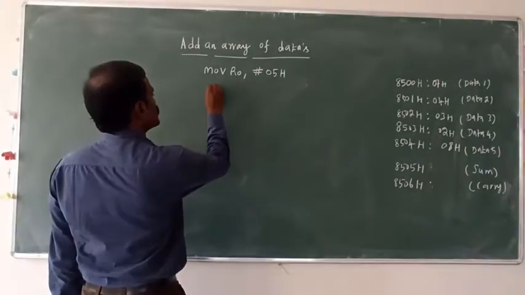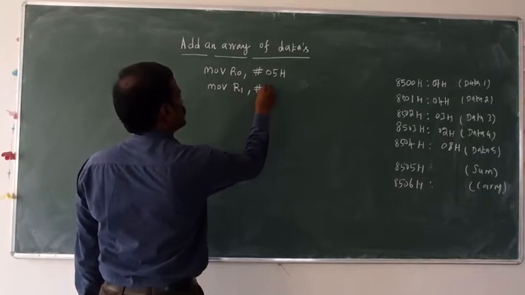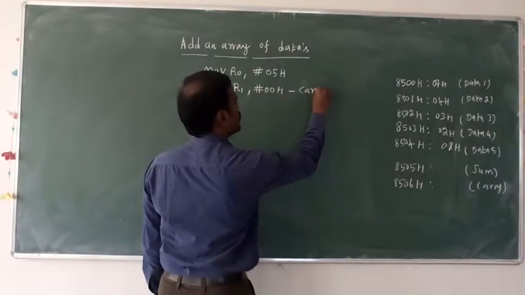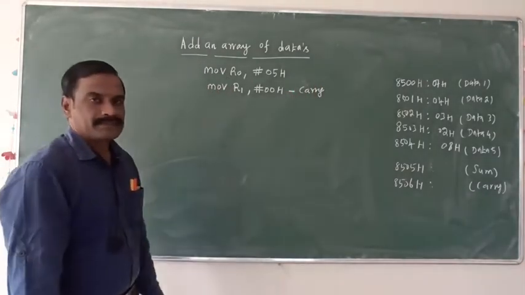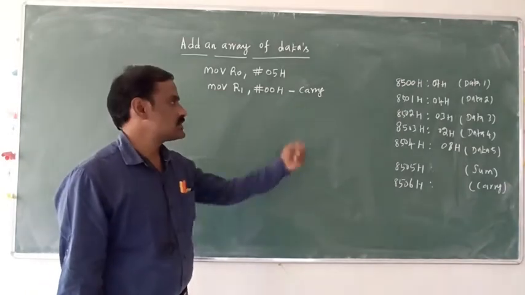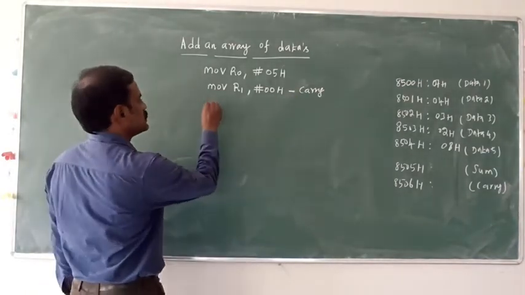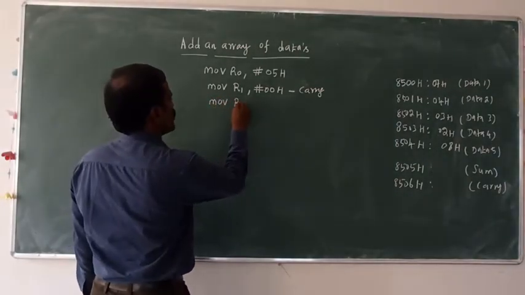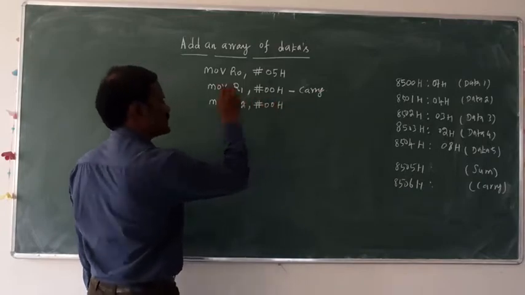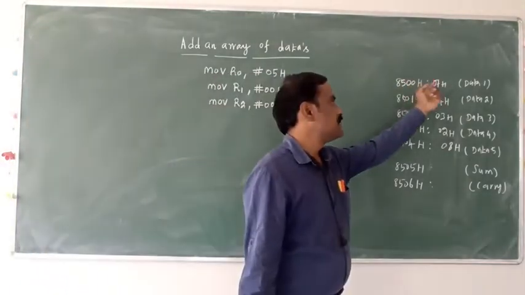Next, clear register R1 to 00H. This is for storing the carry. Next, clear R2 register to 00H. This R2 register data is initially added with the first data.